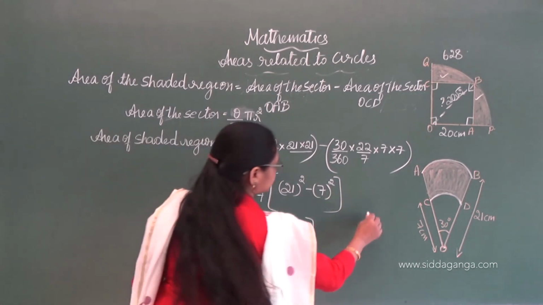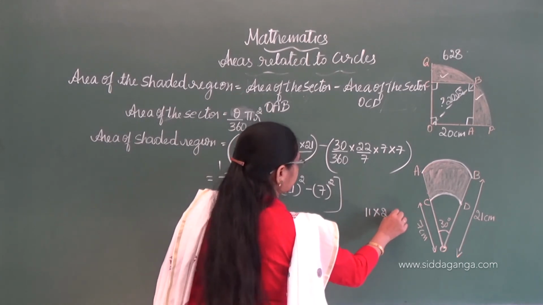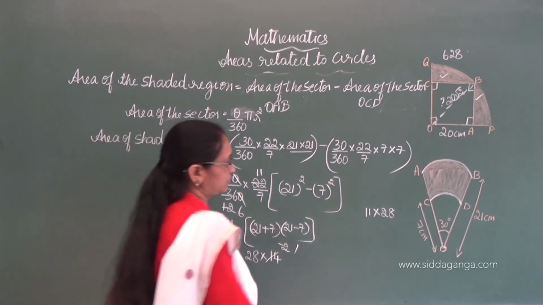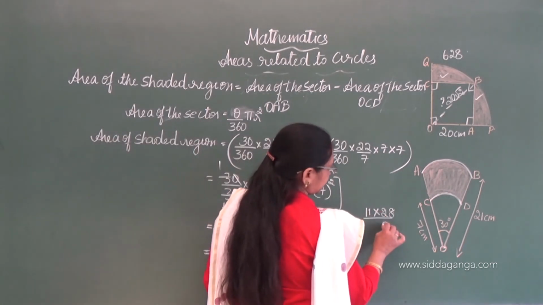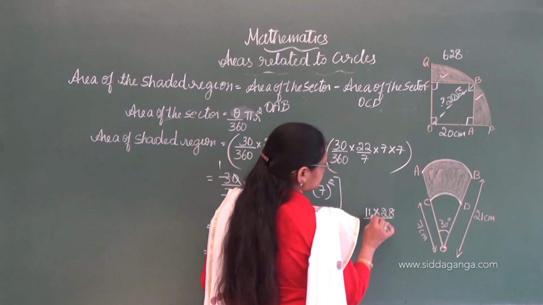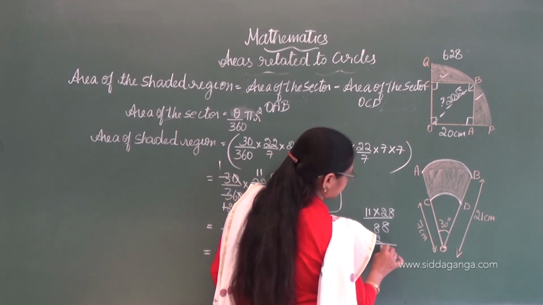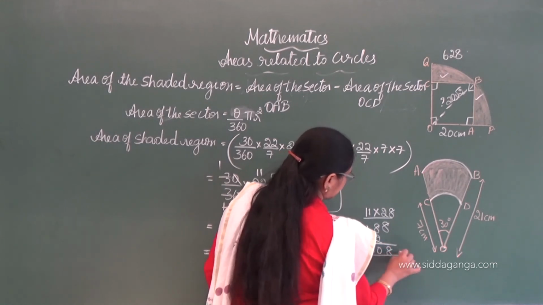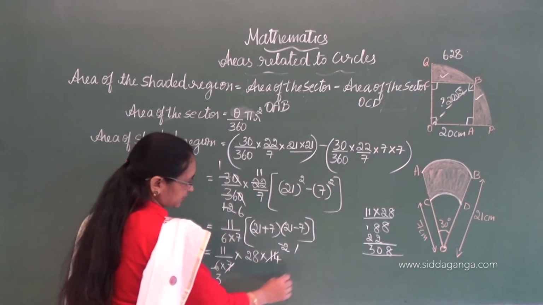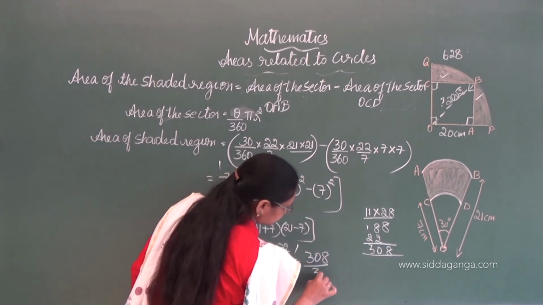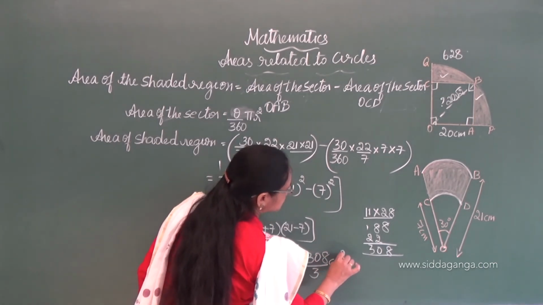So I will do it here: 11 into 28 divided by 3. 8 ones are 8, 8 ones are 8, 2 ones are 2, that gives 308 divided by 3. So you can keep it as it is, 308 divided by 3 centimeter square.